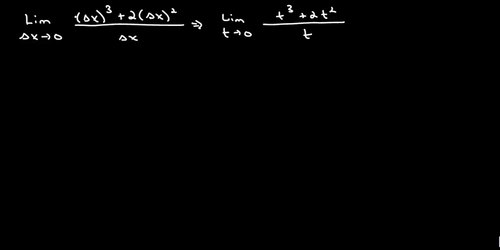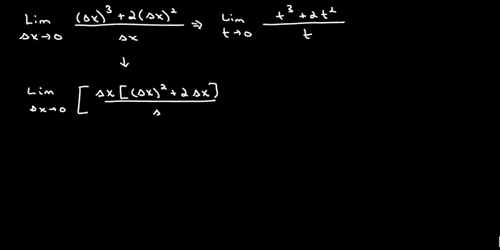So we need to replace this guy up here, and how we're going to do that is we're just going to factor out a delta x out of the numerator. So we're going to say that this is the same as the limit as delta x goes to 0 of delta x times delta x squared plus 2 delta x, that whole thing over delta x. Now these are exactly equal to one another. I haven't changed anything.